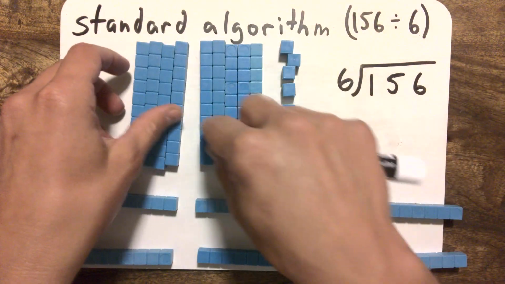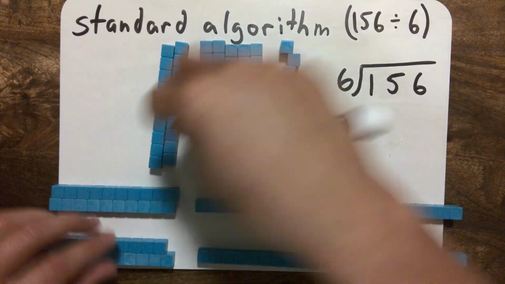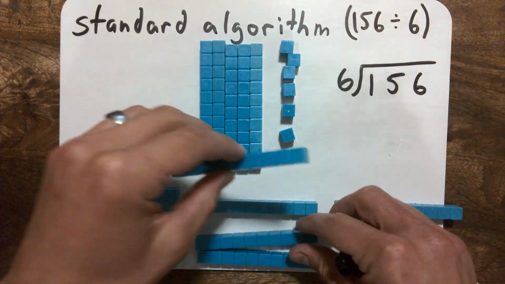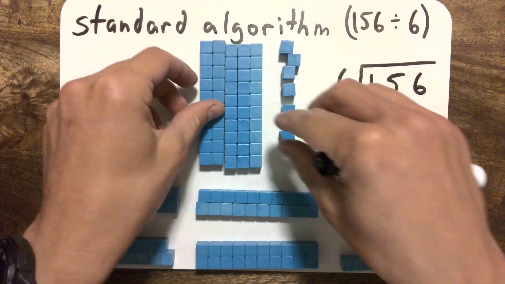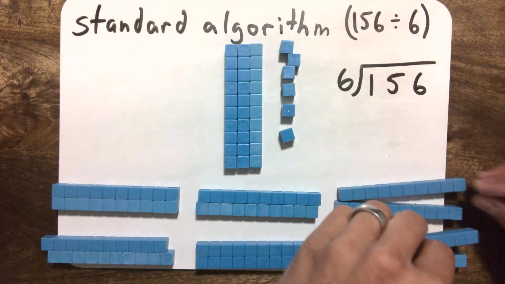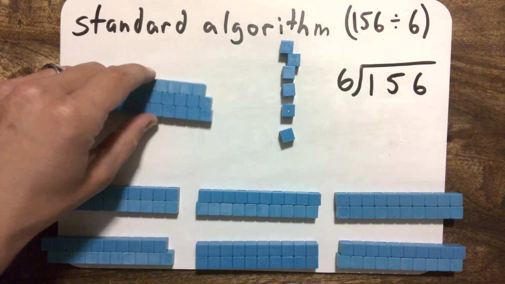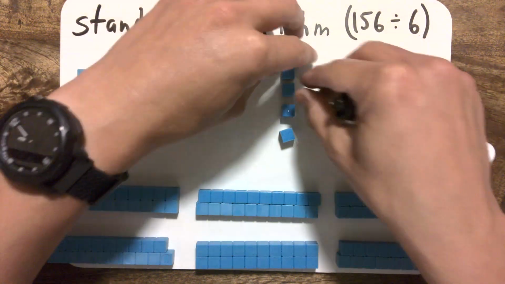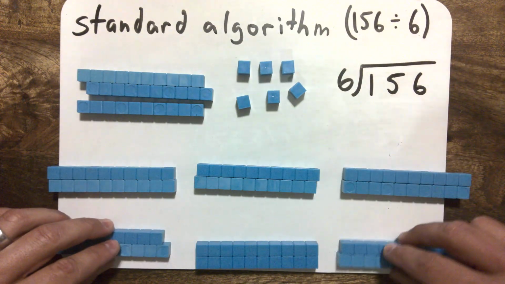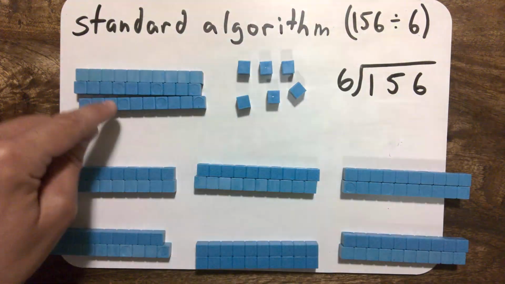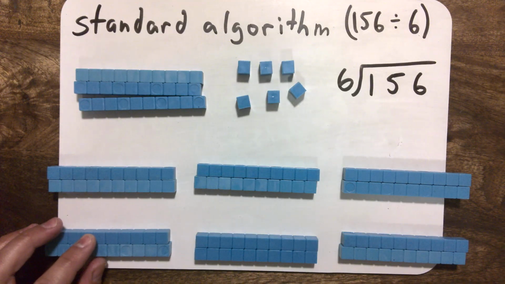Since I have 15, maybe I saw, well, I can take 12 right away and put 2 into each of those groups. Then I have 3 tens that are still left in my original quantity here, but I can't put the tens in any of these equal groups and keep the groups equal.